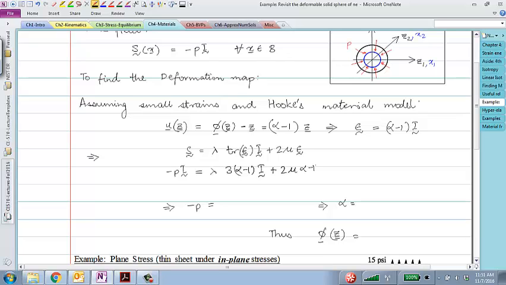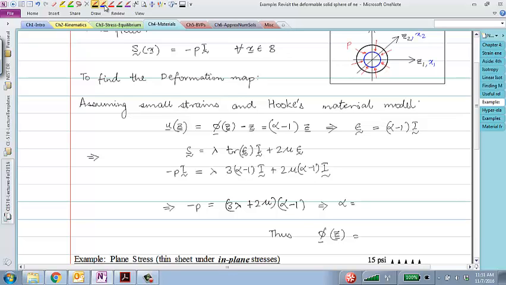I'll just write alpha minus 1 times identity, which allows me to relate, since on both sides I have identity tensors, minus p to the scalar factor here. That would be 3 lambda plus 2 mu times alpha minus 1, right?